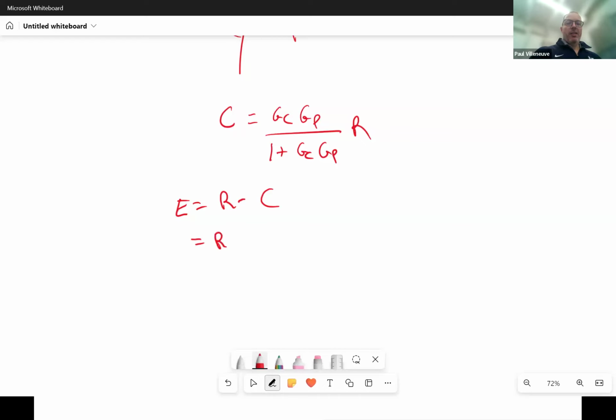So that's equal to R minus GC, GP over 1 plus GC, GP times R, correct?